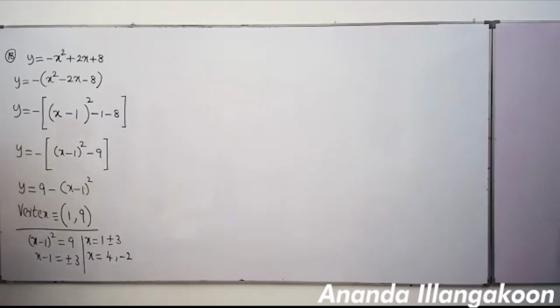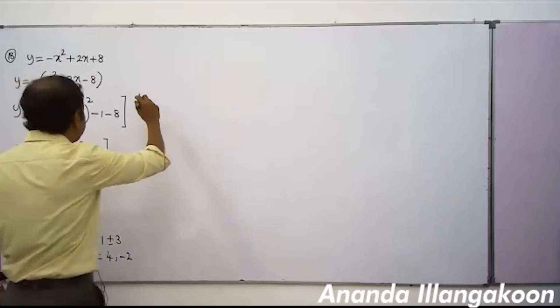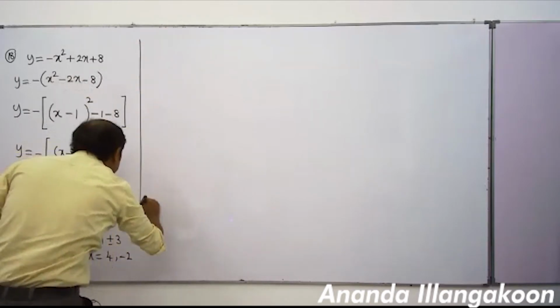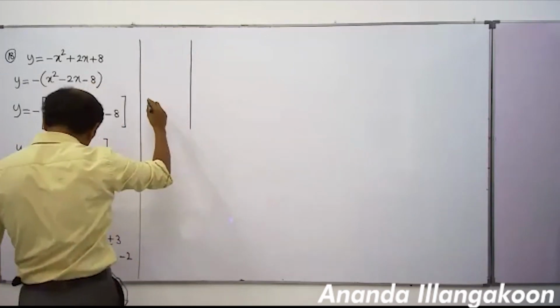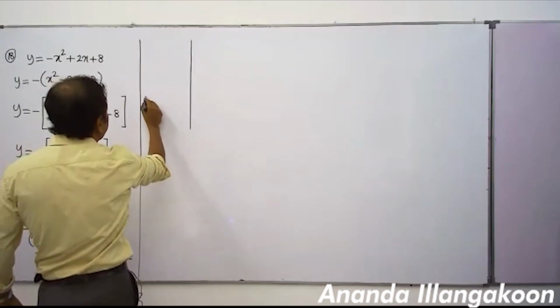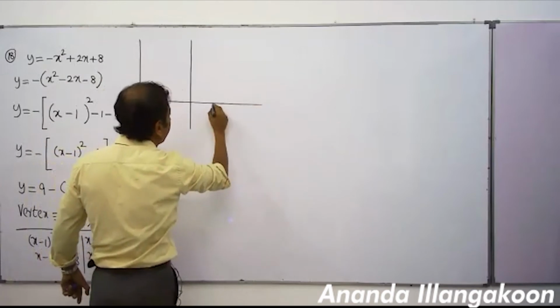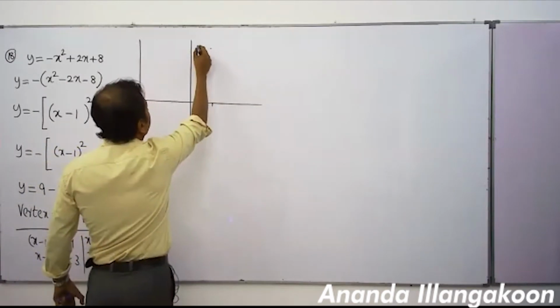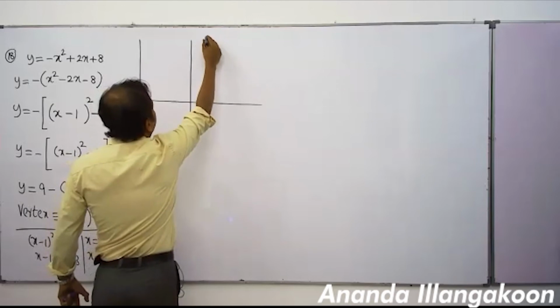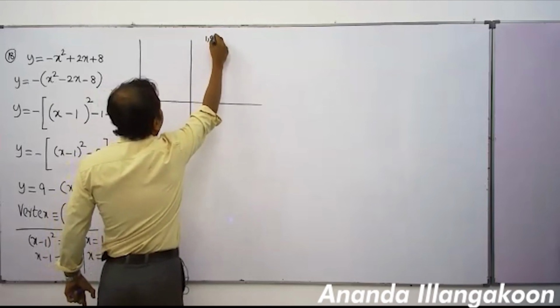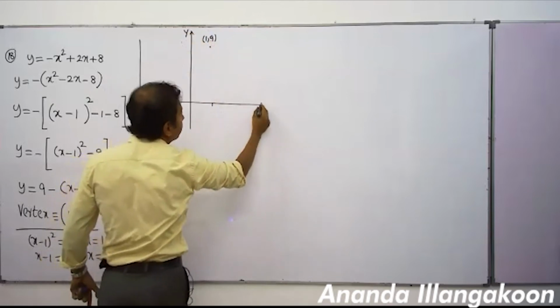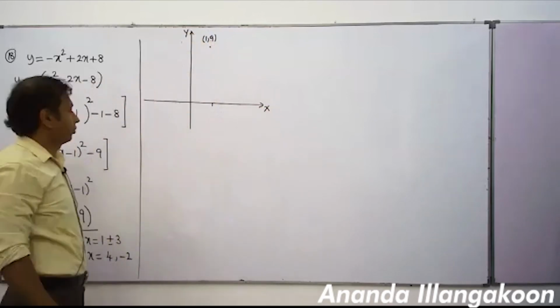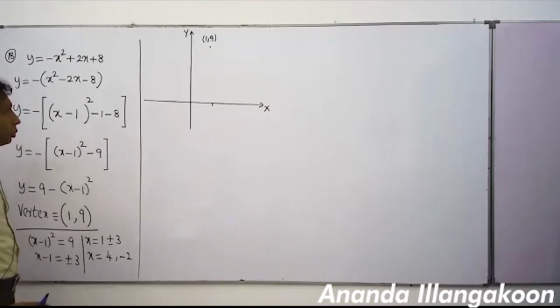Right. It asks you to draw that one, no? Yes. We will draw that one. 1, 9 is the vertex. The roots are 4 and minus 2.